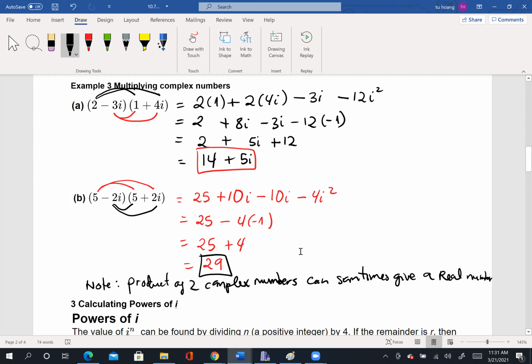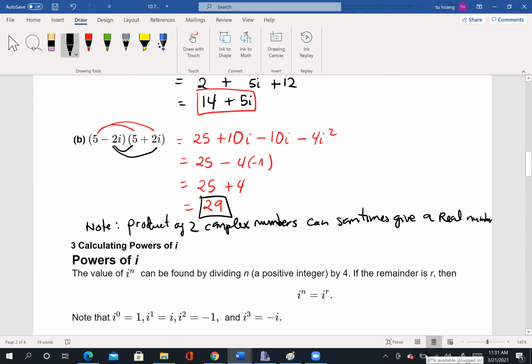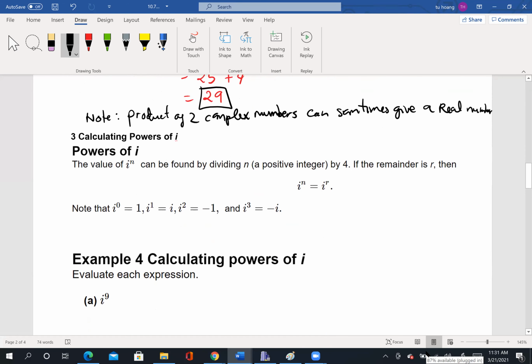So we're gonna learn about calculating powers of i. You're gonna follow the powers of i rule: the value of i to the power n can be found by dividing n, a positive integer, by 4.